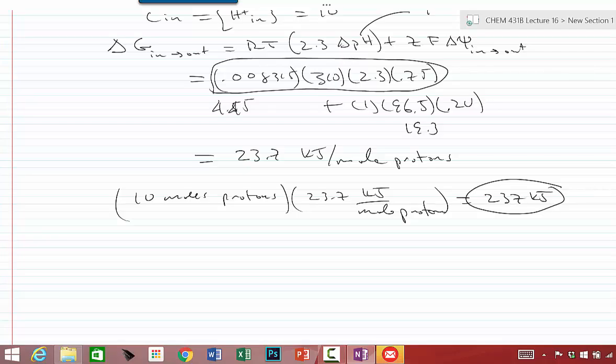This is the amount of energy that's found in that proton motive force that's created from that. That's beautiful. The math is matching what we see physiologically.